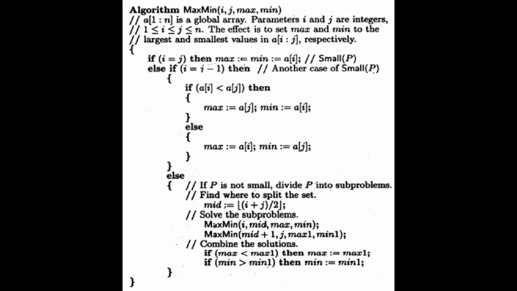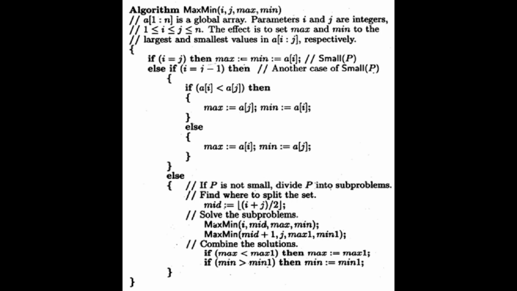Otherwise, the second element is less than the first element, so A[i] is greater. If A[i] is greater than A[j], then set the parameter max equal to the first element A[i] and the parameter min equal to the second element, min equal to A[j].